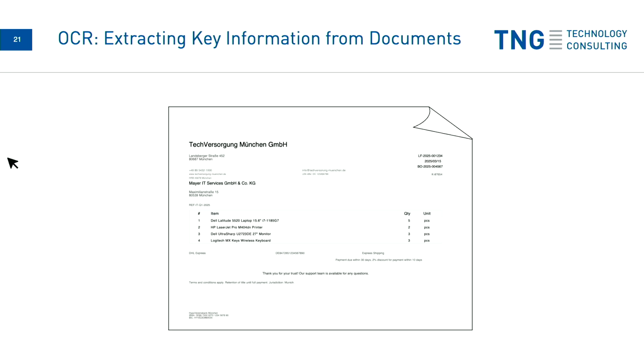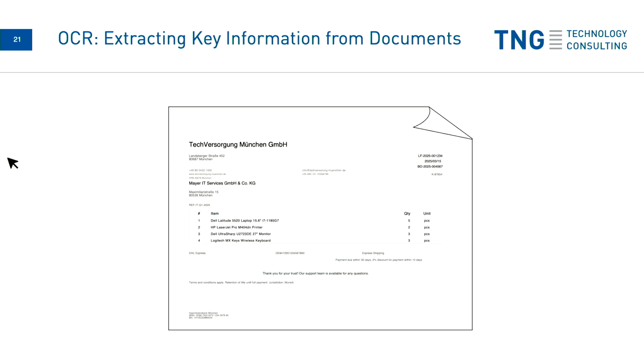Here we have an example. This here is a delivery note. In this case, we have some address, we have some items, and we also have item quantities and units. What we would like to do is extract the information from this document in a systematic way.